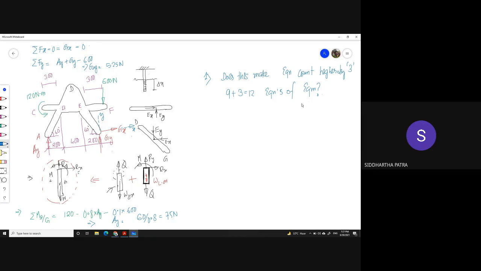Because you see, if I were to write down all possible reaction forces irrespective of their direction, there was Gx, Gy, and would you believe both the components Dx and Dy, then Bx and By, Ex and Ey, and Ay. These are the only set of unknowns. Now, how much is the count of the number of unknowns?